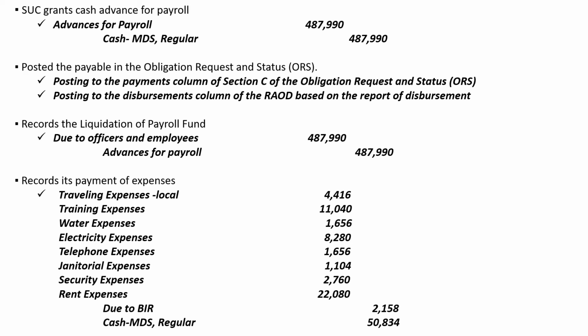Debit rent expenses, 22,080. And we credit the withholding taxes, due to BIR, 2,158. And we credit cash MDS regular, 50,834. This 50,834 is the actual cash being paid for the following expenses.